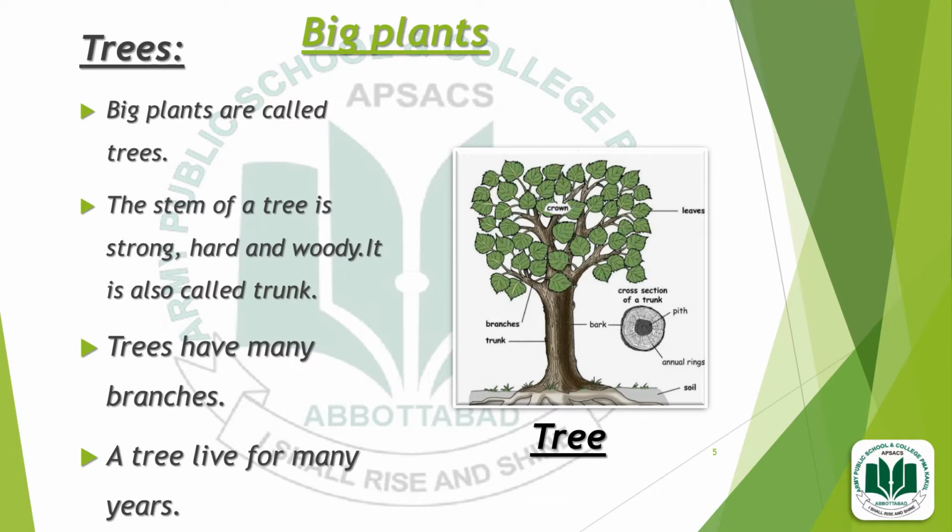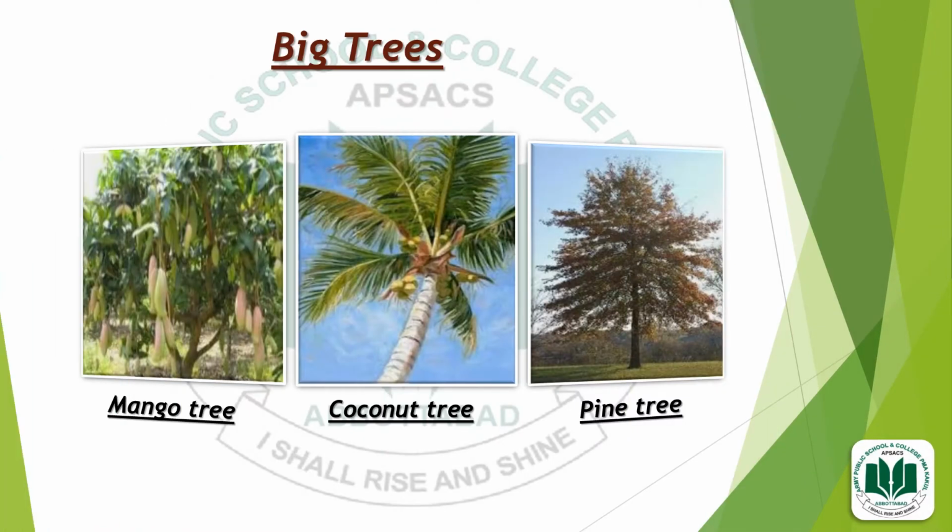It is called the trunk. The trunk bears branches. A tree has many branches. A tree lives for many years. Big trees. Mango, coconut and pine trees are examples of big trees.